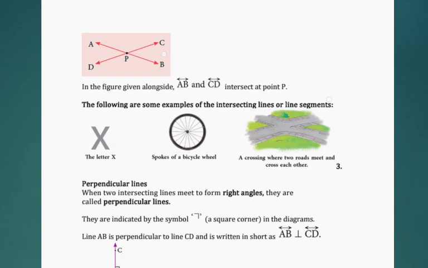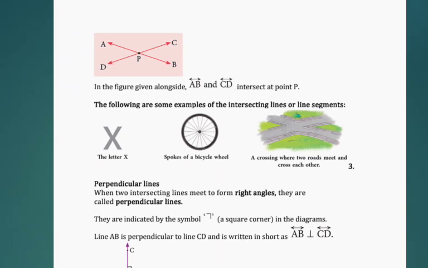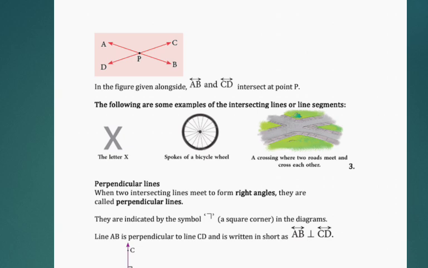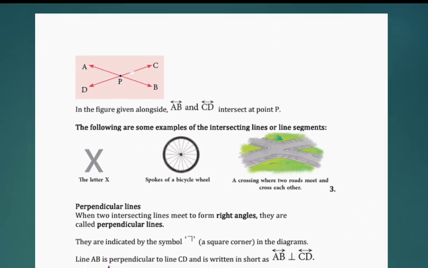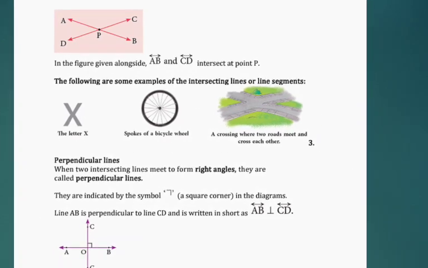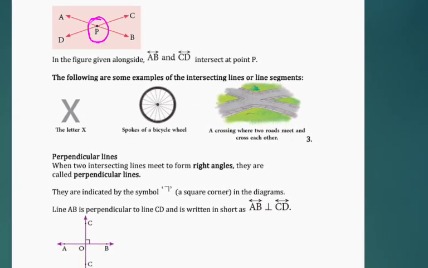Right. So in the figure given alongside, AB and CD intersect at P. Here AB is a line and DC is a line. They intersect at P. Therefore, they are intersecting lines.